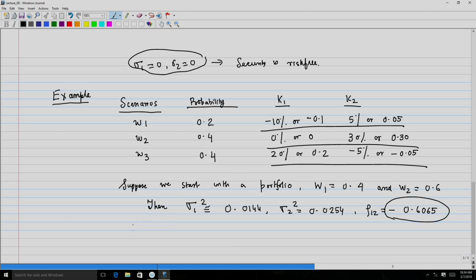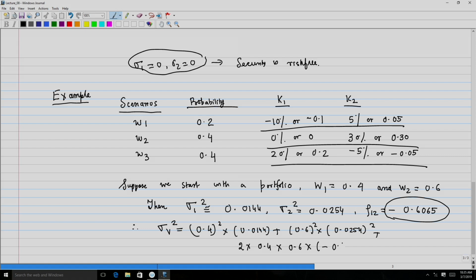0.6065. So, therefore, we can use the formula for sigma v square to obtain W 1 square, which is 0.4 square, multiplied by sigma 1 square, which is 0.0144, plus W 2 square, which is 0.6 square, multiplied by 0.0254, plus 2 into W 1 0.4 into W 2, which is 0.6, into rho 1 2, which is minus 0.6065, multiplied by sigma 1, which is square root of 0.0144, multiplied by square root of 0.0254.